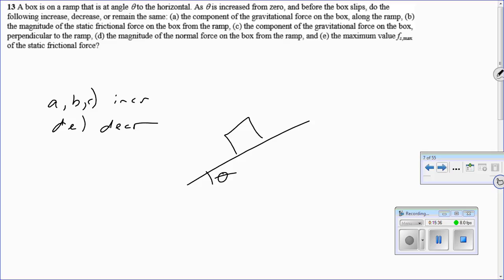Okay. As your angle increases, clearly your component of gravity along the ramp is going to increase, right? As it gets steeper, gravity pulls down with more force. Your static frictional force, as long as it doesn't move, before the box slips, right? If the ramp is getting steeper, that means you've got more force pulling it down, so you have to have more static friction working against its motion down the ramp, right?